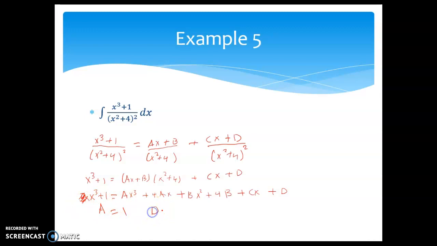D is equal to 1 also, since the constant term is 1. 4a plus c equals 0, that means c is equal to negative 4. And then bx squared: I don't have x squared on this side, that means b is equal to 0.